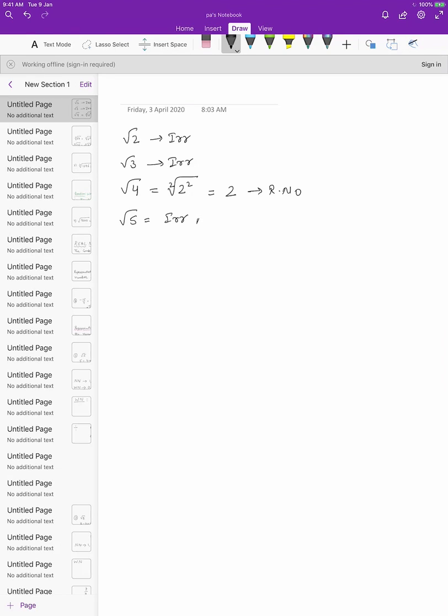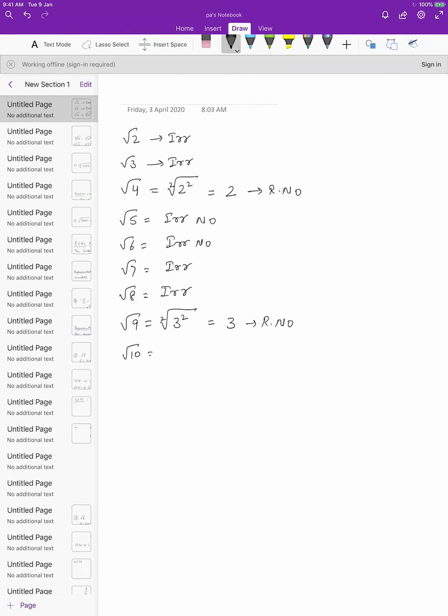Root 5 is again an irrational number. Root 6 is an irrational number. Root 7 is irrational. Root 8 is also irrational. Root 9 can be written as root 3 square. That means this will also be equal to 3, which is again a rational number.